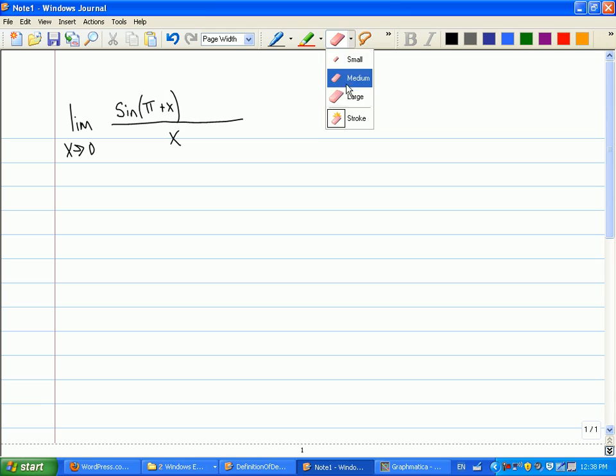This would be like the question you'd be given, which you don't have a technique for, other than maybe you could use your sine addition identity. But what you could convince yourself of is this is the same thing as the limit as x goes to 0 of sine of pi plus x minus the sine of pi.